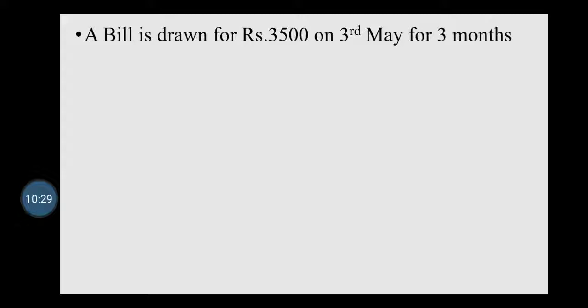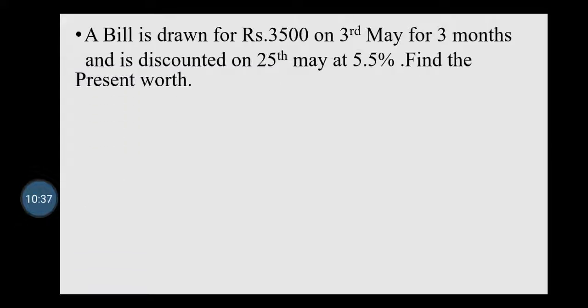Next question is, a bill is drawn for rupees 3,500 on 3rd May for 3 months and is discounted on 25th May at 5.5%. Then find the present worth. Student, as this bill is drawn for rupees 3,500, this 3,500 is which value?